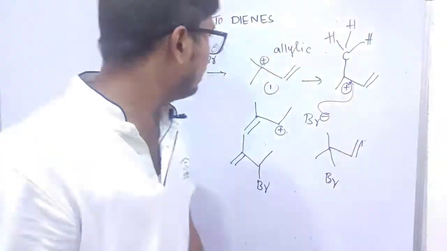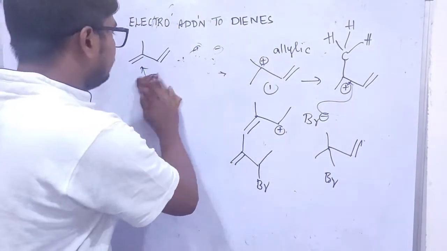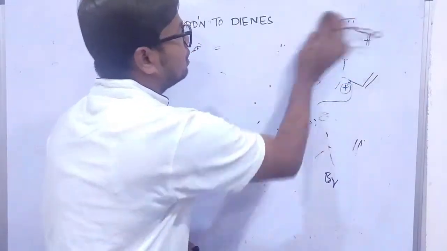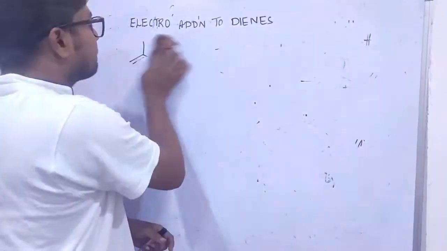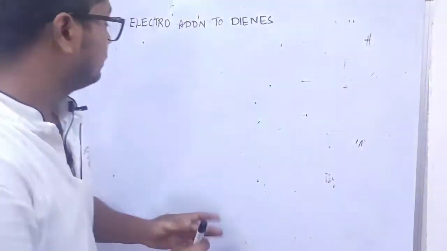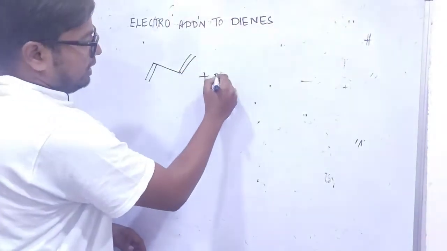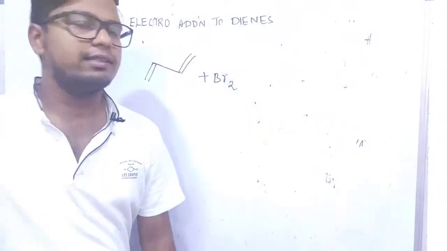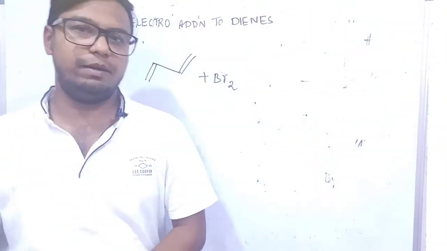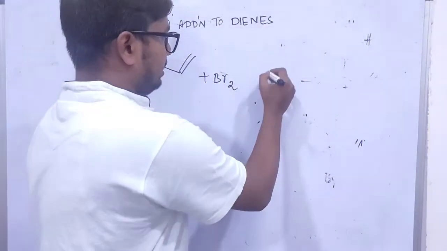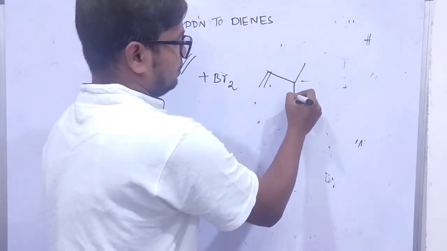Another example you can take is what happens when bromine is reacted with this particular diene. What is the product formed here? Here we can expect two products. I will directly write the products.